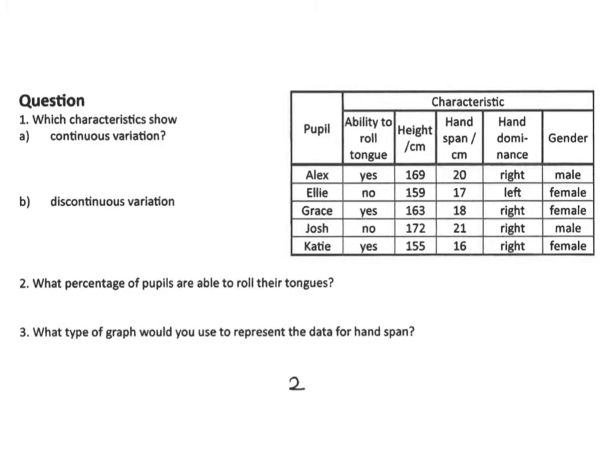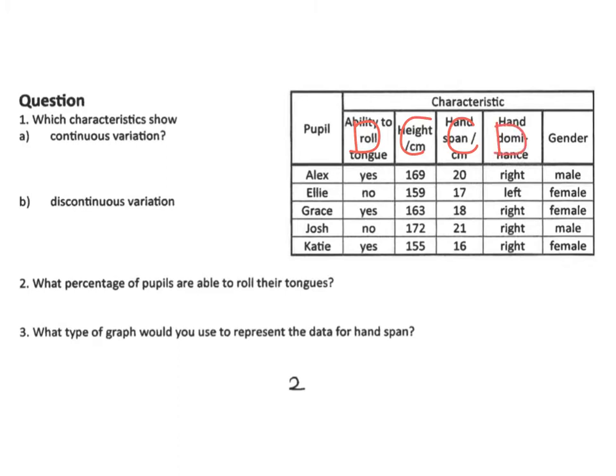Ability to roll their tongue, that's two distinct groups, so it's discontinuous. Height is continuous. Hand span is also continuous. You're measuring numbers, not just putting people into groups. Hand dominance, you're either right-handed or left-handed, so there's no in-between. That's discontinuous.